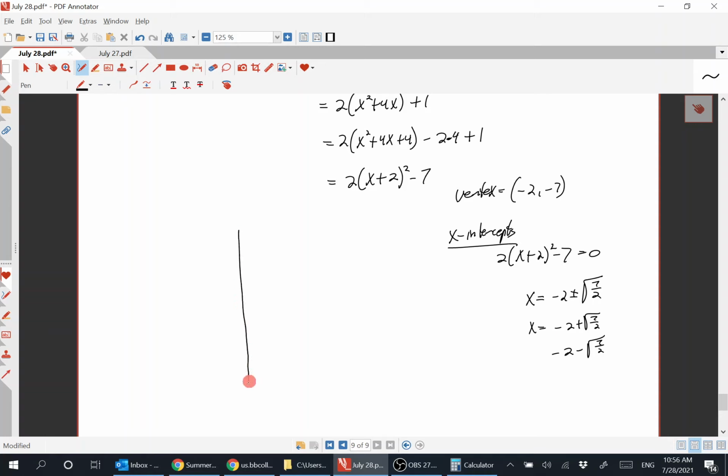So if you want to graph it now, the y-intercept is at 1. Then minus 2, minus 7, maybe right about here. So here's minus 2, minus 7 down here, and there's the y-intercept there.